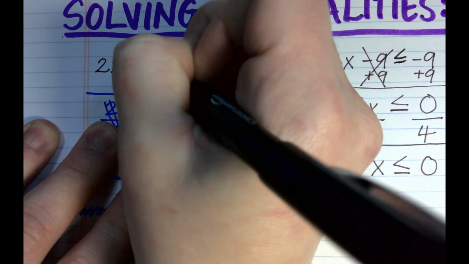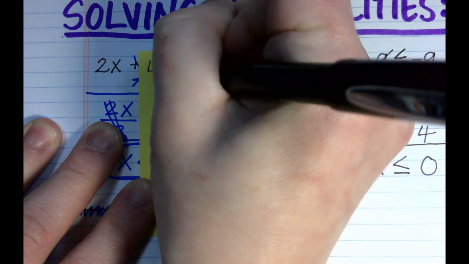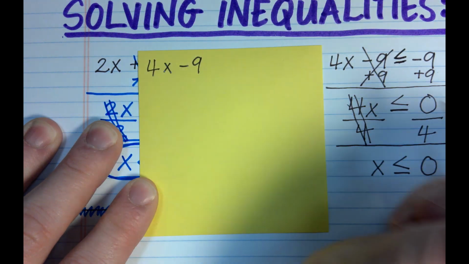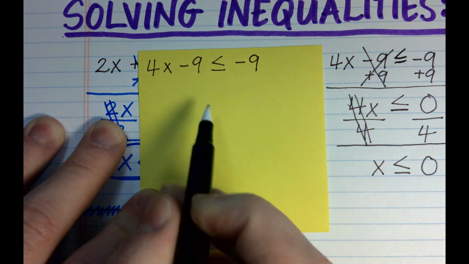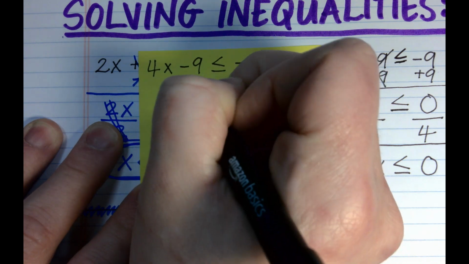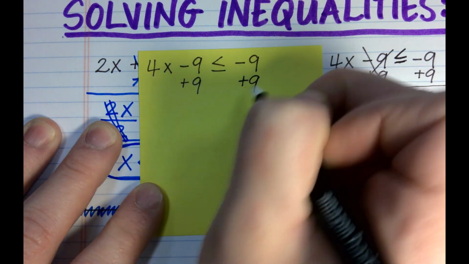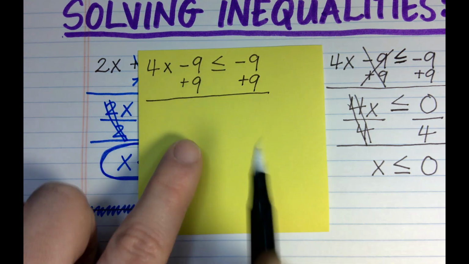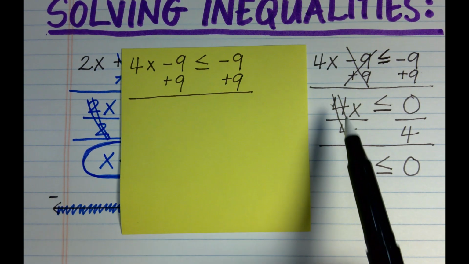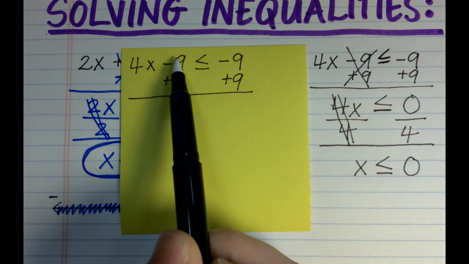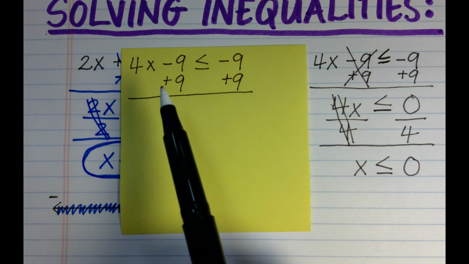So I'm going to rewrite that. 4x minus 9 is less than or equal to -9. So whenever we add 9 to both sides, what's really happening, and the reason we cancel this out, is because on this side, -9 plus 9 is 0.